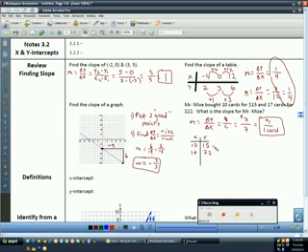And then when I find the rate of change, I do delta Y, which is 7, over delta X, which is also 7, and 7 over 7 is 1. So either way, we get a slope of 1, or 1 over 1. So go ahead and stop it here.